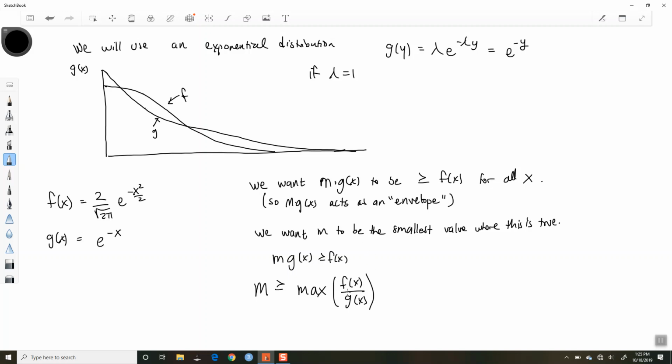The maximum value of f over g, and m is just, if f here is twice as tall as g, and that's the biggest, then we can choose m to be 2, and then g times m will be equal to f. So this is what we got to do. We got to do f of x divided by g of x and figure out the maximum value of this thing. We don't even care where it is, we just need to figure out what that maximum value is.